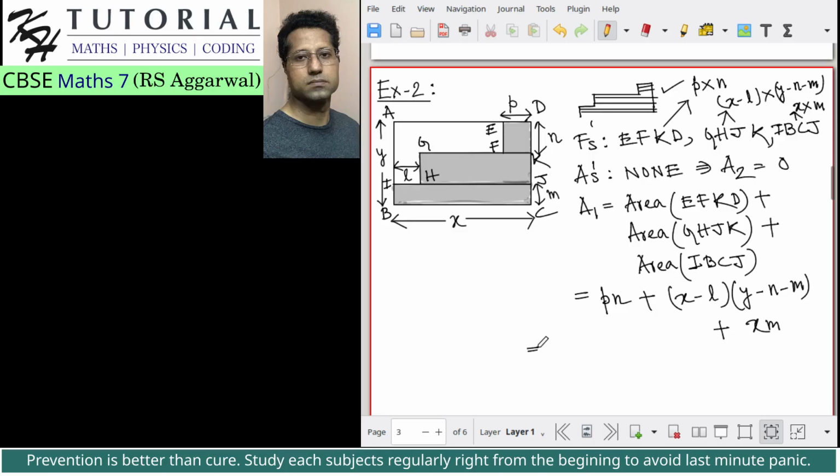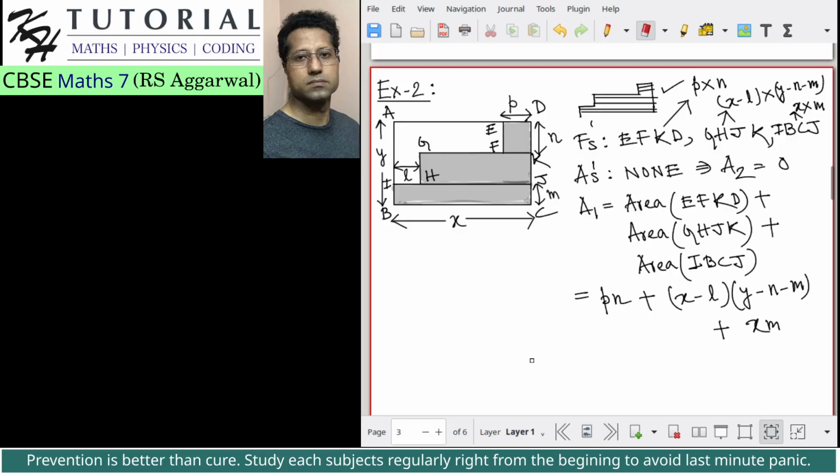So whatever this value will be, this is the area of the shaded region. I hope you are getting the idea how I am dividing the given shaded region into rectangles and squares, so that I know their dimension from the given dimensions in the problem.